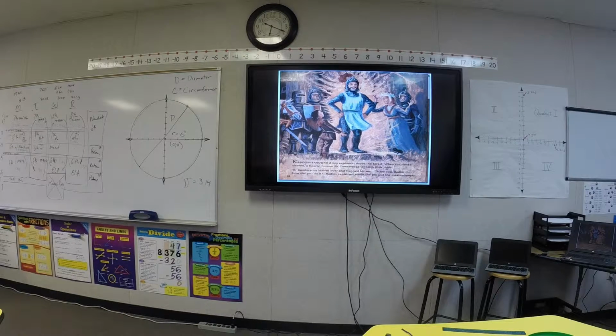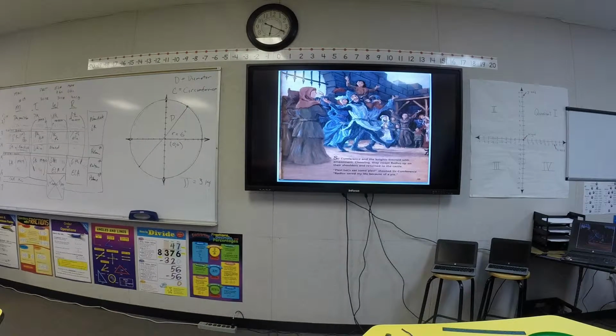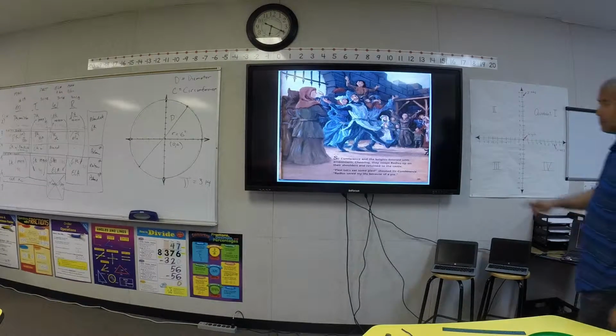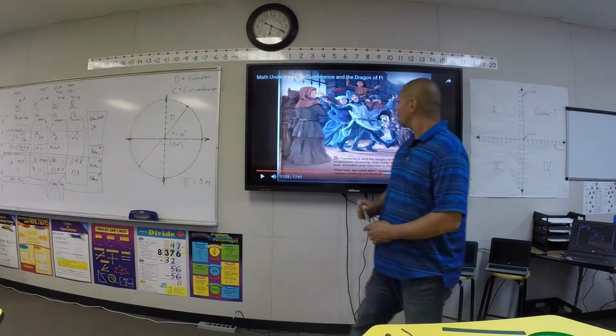Circumference leaned over and hugged his son. "Thank you, Radius, but how did you do it?" Radius explained about the pi and the measurements. Circumference and the knights listened with amazement. Cheering, they swept Radius up on their shoulders and returned to the castle. "Pies! Let's eat some pies!" shouted Circumference. "Radius saved my life."